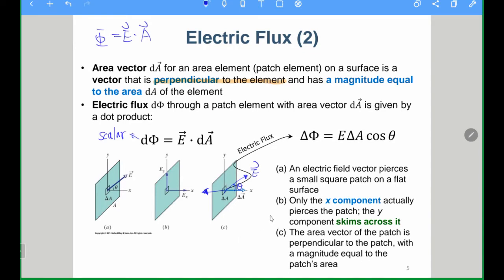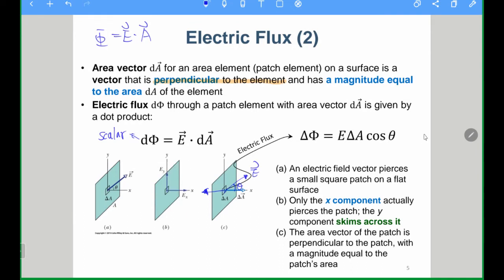So it says here, for an electric field vector E, a small square patch of a flat surface. If the E field is parallel to the surface, then there will not be any electric flux.